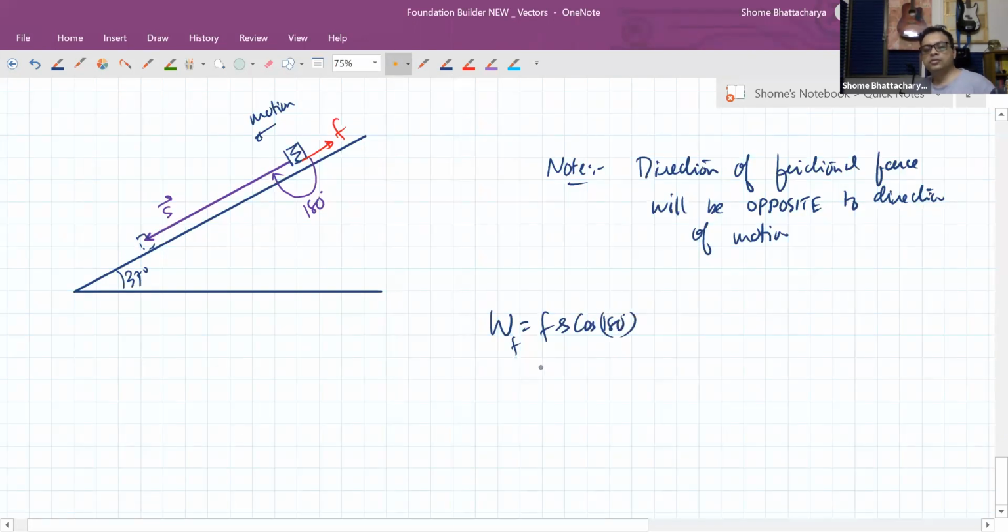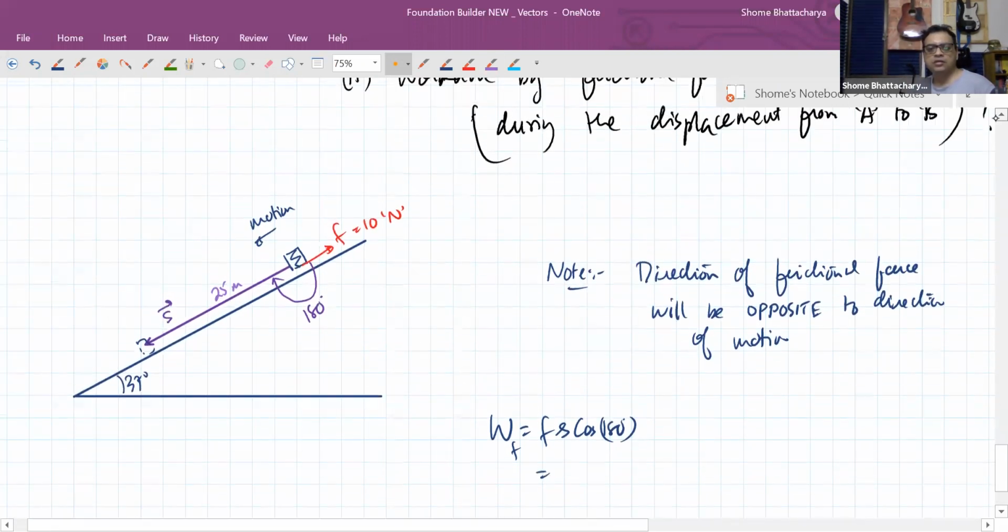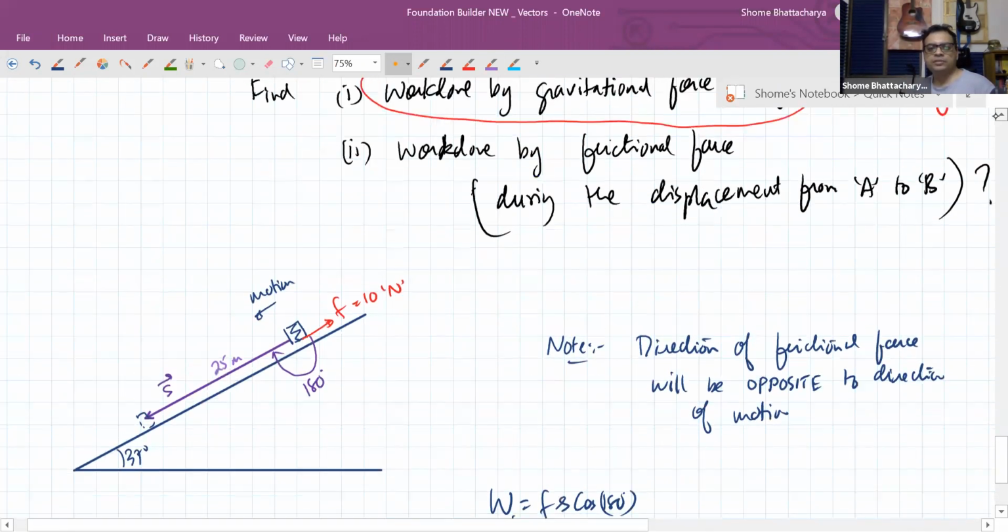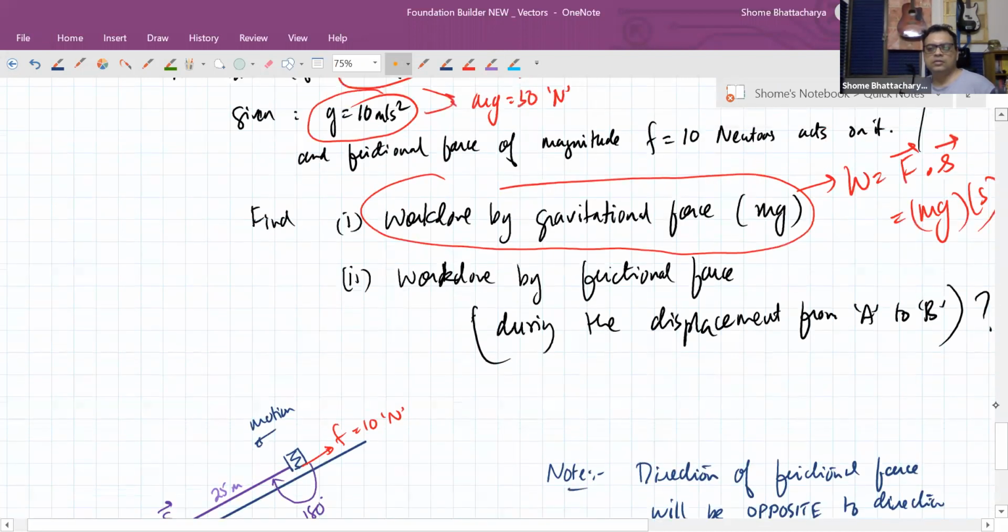So the magnitude of friction is given to us in the question as 10 newtons, and the displacement's magnitude is 25 meters. What was it? 25 meters, right?